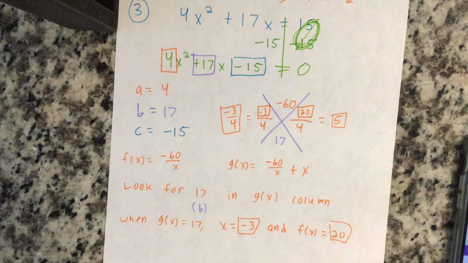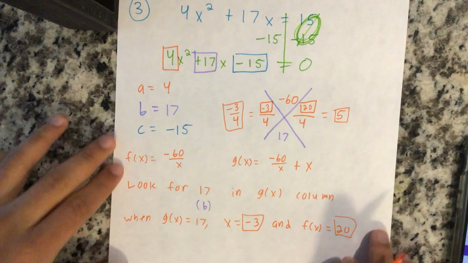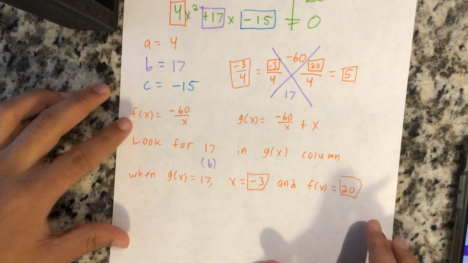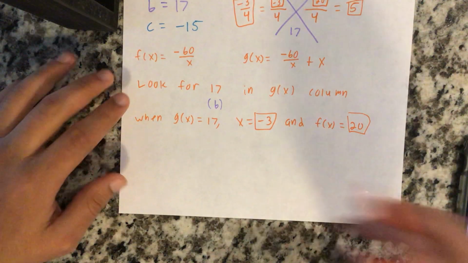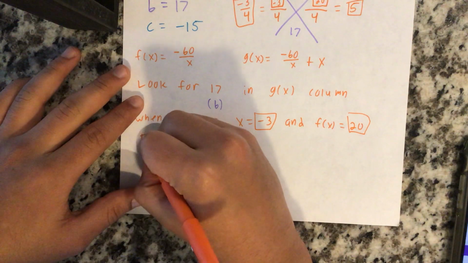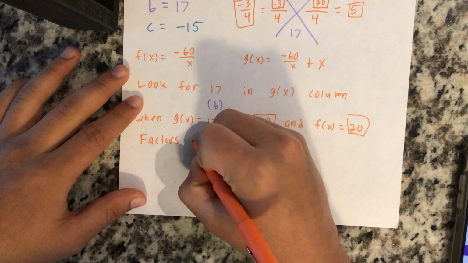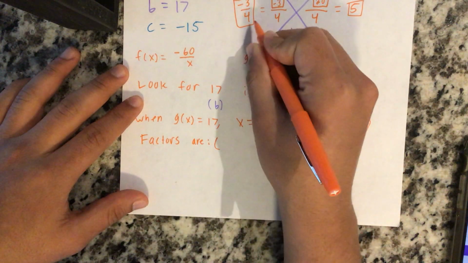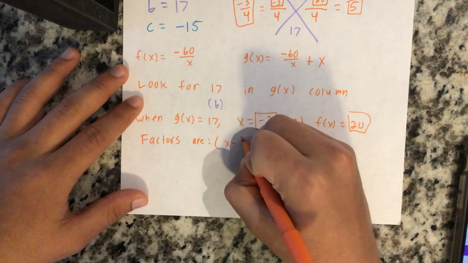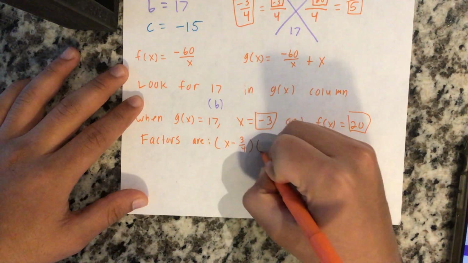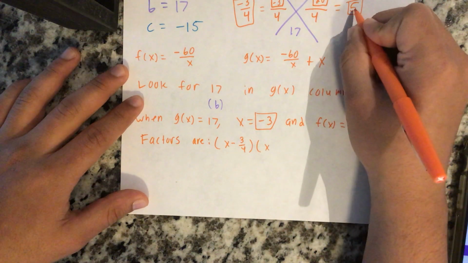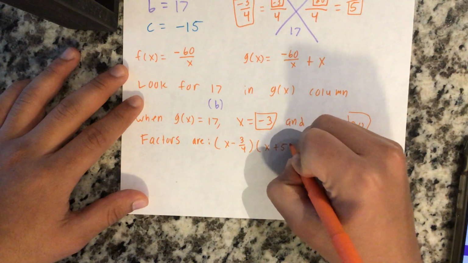Okay, so now we write our factors. So, slide down. So the factors are x minus 3 over 4 and x plus 5, right? Because that one's a positive.